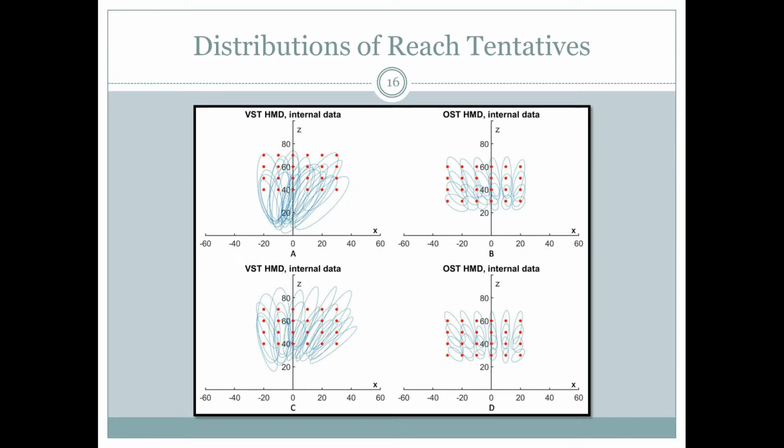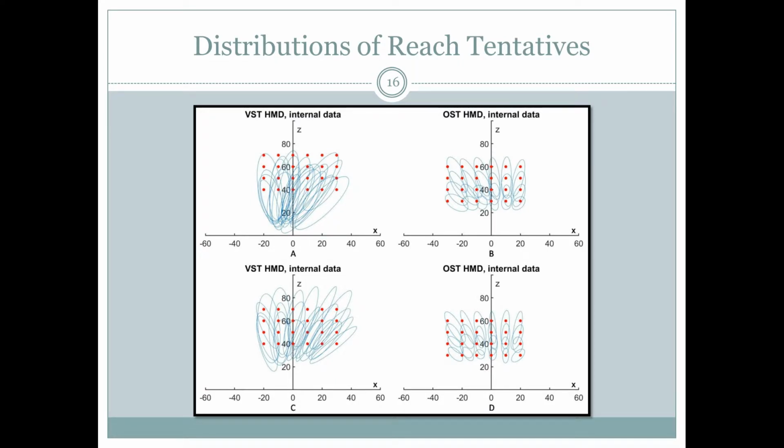So, for example, when a cube appeared here, the distribution of the users was this ellipse, and so on for the others. There are 4 graphs because the first 2 are of the first experiment, without the internal feedback, and the second 2 are with the internal feedback. The first image is from the users who used the video see-through device, the Google Cardboard, and the second image is for the users who used the MetaVision.